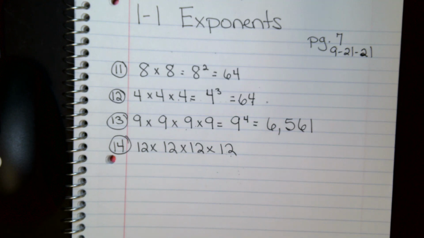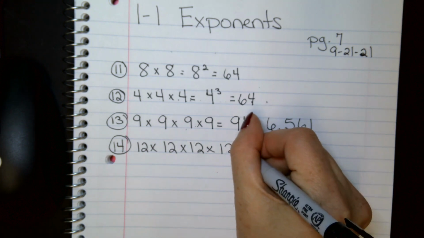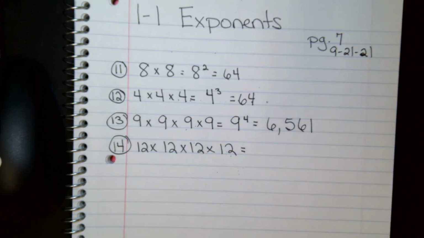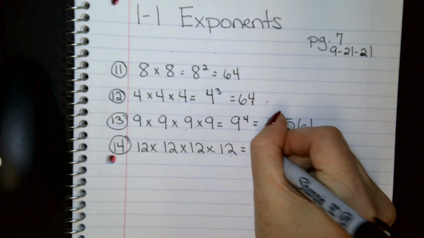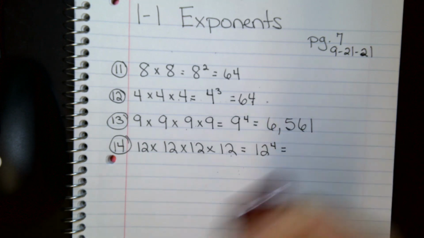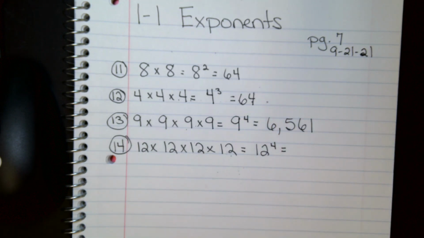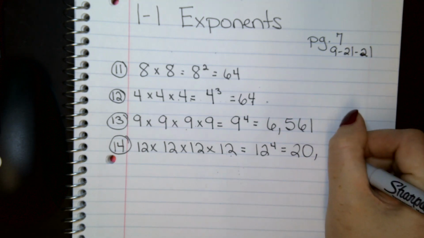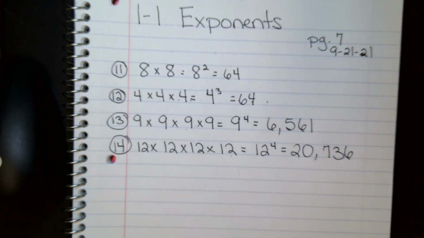Go ahead and solve that one. It's going to be 12 to the power of 4. All right. Ben's got 20,736. Has anybody else solved it yet on the calculator? What you got, Will? Awesome. Very good. Oh, you did?